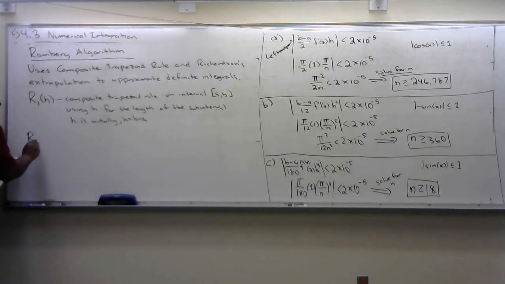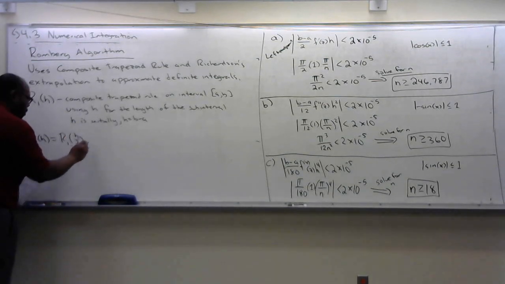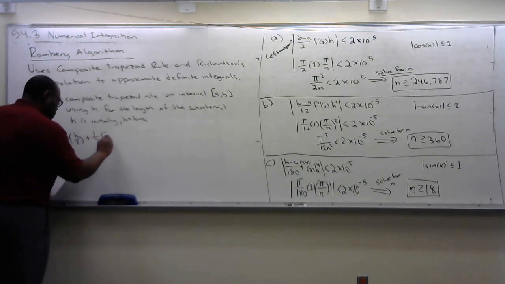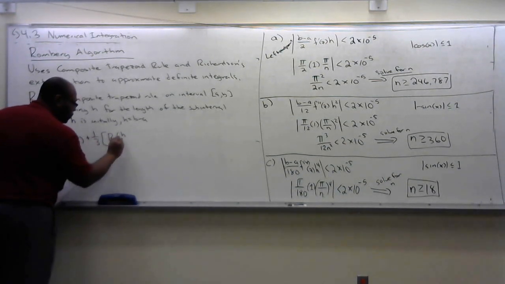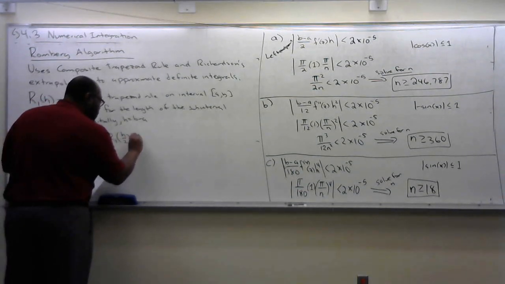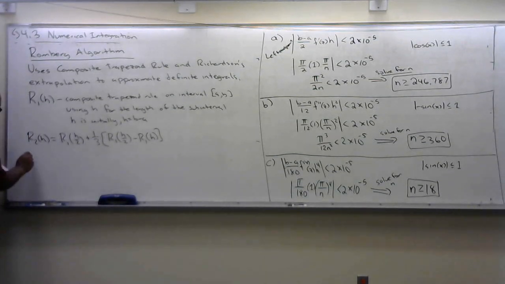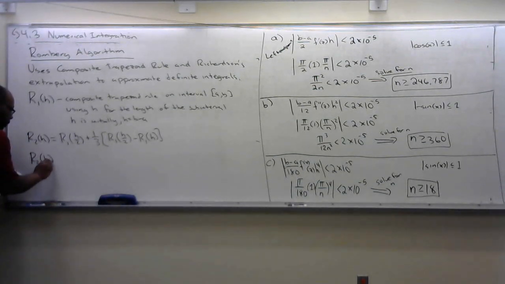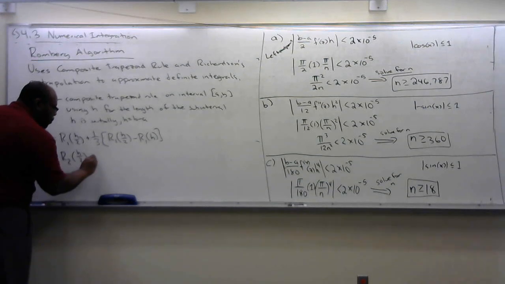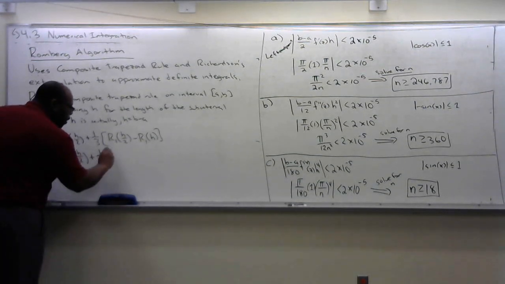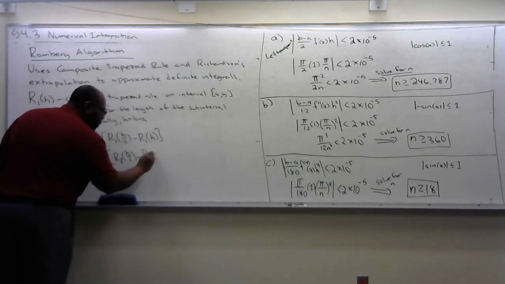R sub 2, h is equal to R sub 1, h divided by 2, plus 1/3 times the quantity R sub 1, h divided by 2, minus R sub 1, h. R sub 3, h is equal to R sub 2, h divided by 2, plus 1/15 times the quantity R sub 2, h divided by 2, minus R sub 2, h.